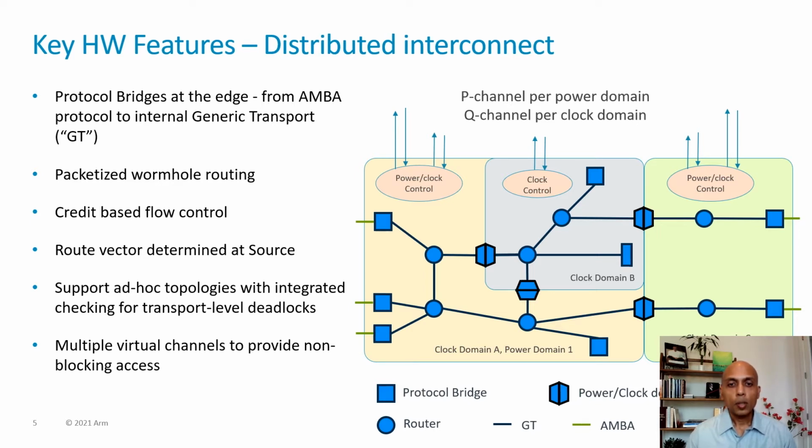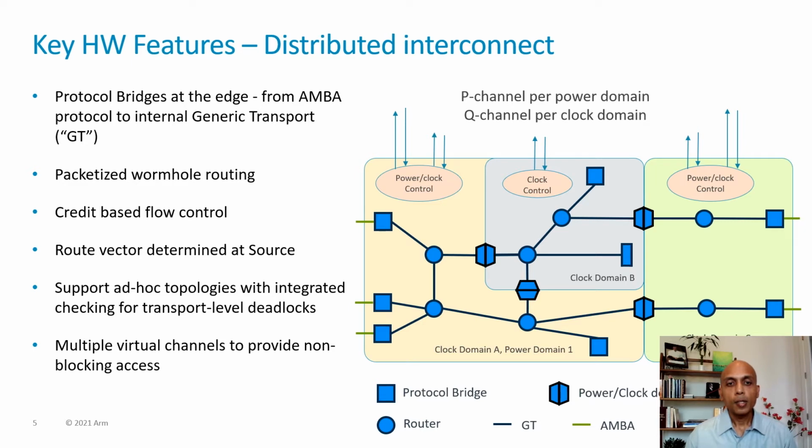So the protocol complexity is contained within the protocol bridges at the edges, and these are the components in the interconnect that translate from the external AMBA protocol to the internal packetized protocol that we call generic transport.